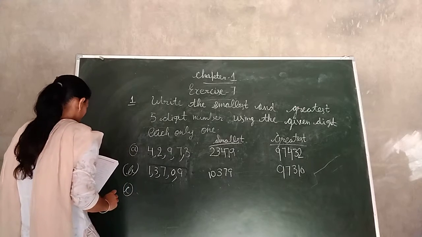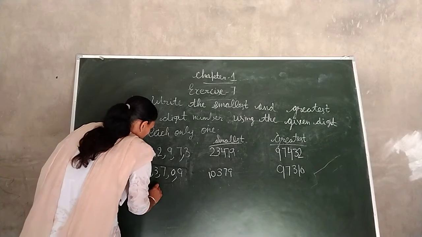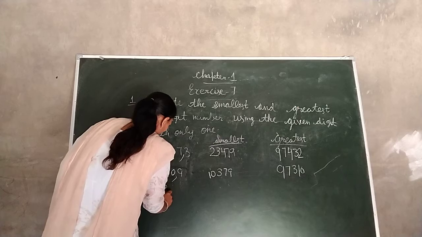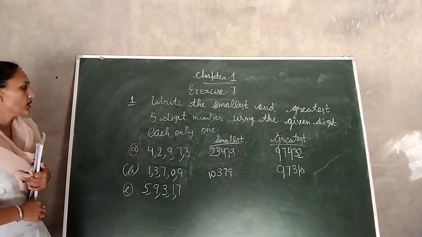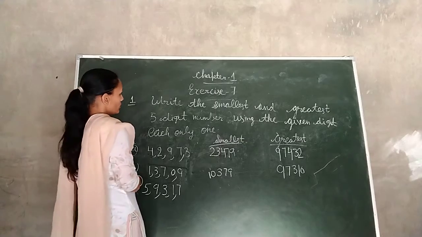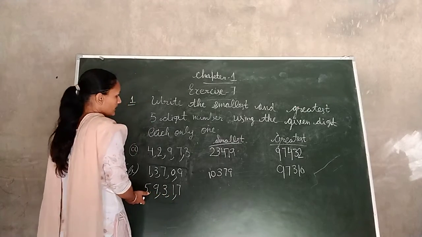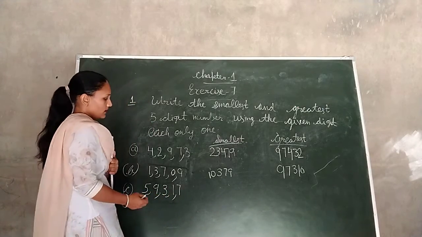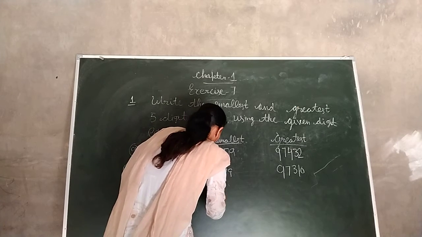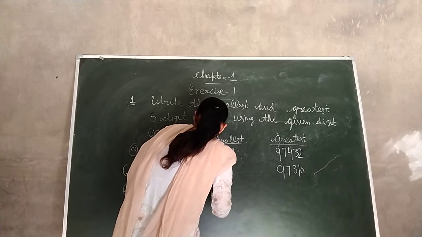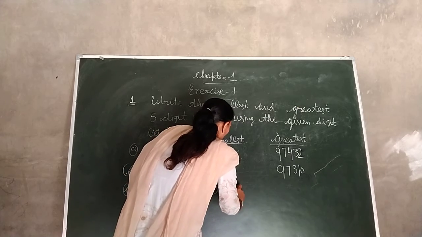C part: 5, 9, 3, 1, 7. So when we have to make the smallest number, then we have to arrange them in the ascending order. So we will write 1, 3, 5, 7, 9.